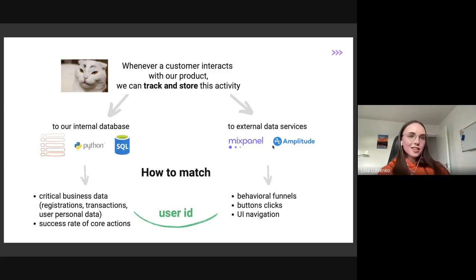They are good to understand general conversion. You can actually join data from both sources, from this side on transactions and from this side on behavior, like what these users did and what buttons they clicked. You can join these two pieces of data by user ID.